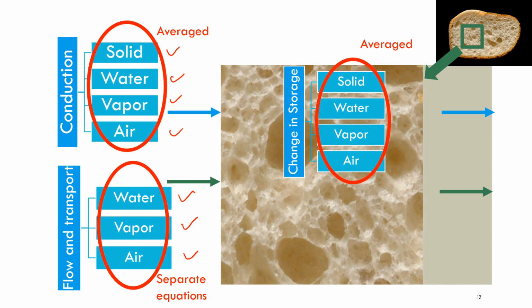And instead of writing separate equations for all of those phases, we say they all share the same temperature, so we'll write one averaged equation. And this averaged equation very much looks like the single phase equation that we derived, except with averaged properties.